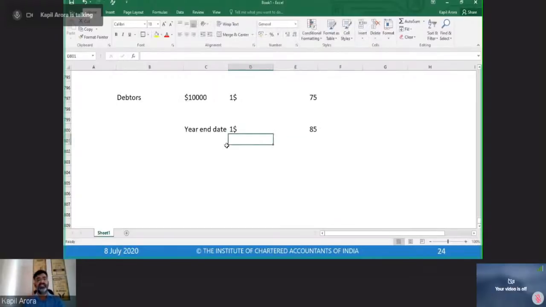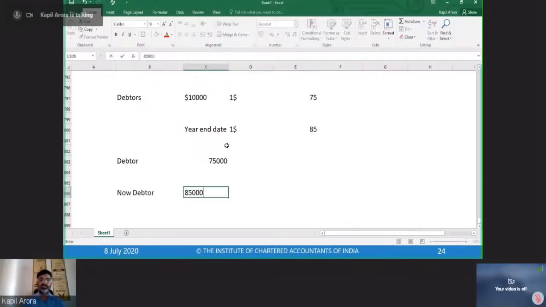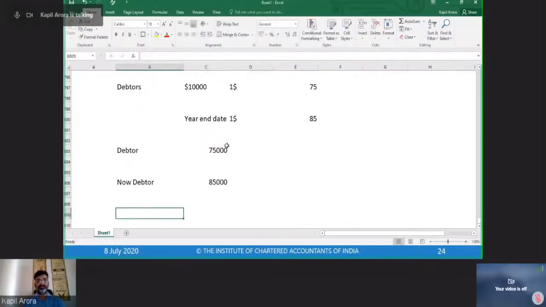Earlier, the debtor was 75,000 in my books. Since it is a monetary asset, we will discuss that in the relevant accounting standard. Now the debtor at the year end will be 85,000. There is a change of 10,000.